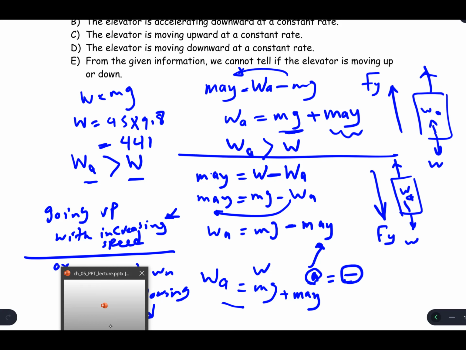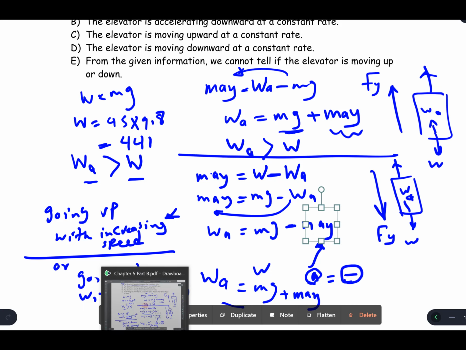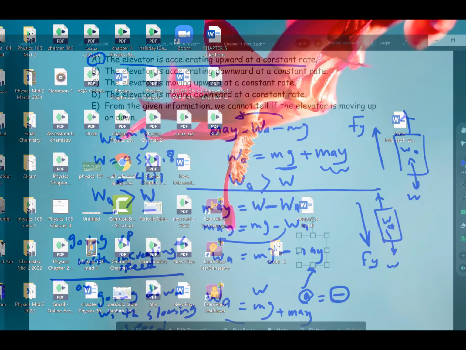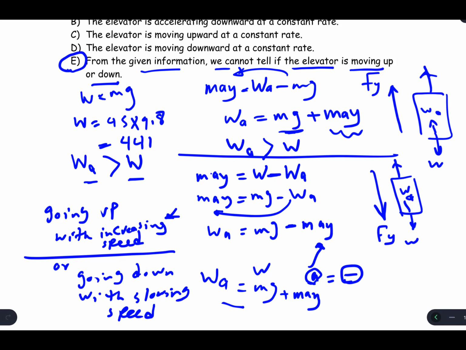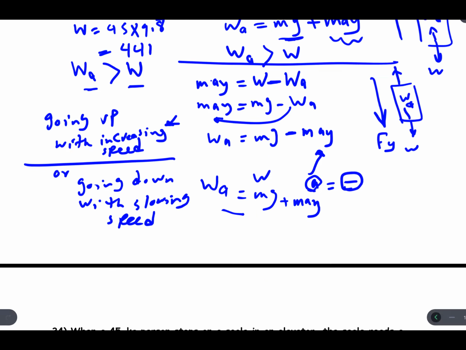So from the given information, we cannot tell if the elevator is moving up or down. So the answers may be letter A plus letter E. Two answers here. Let's take another one.